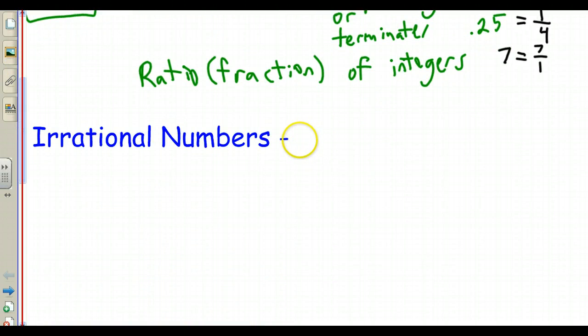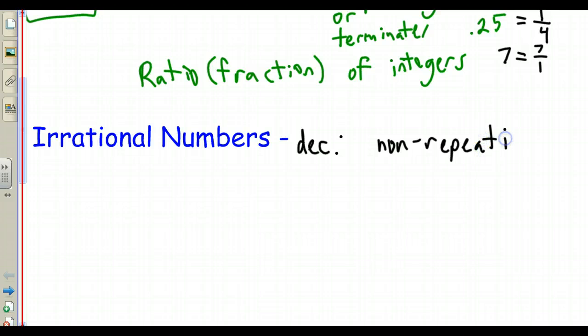Irrational numbers, the decimal, has a couple of qualities. So you might say it is non-repeating, does not have any pattern to it. And non-terminating. Not just one of these qualities, but both have to be true.